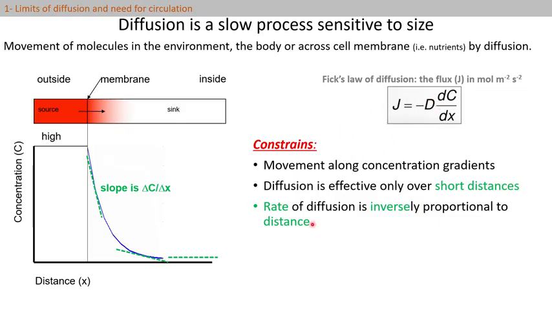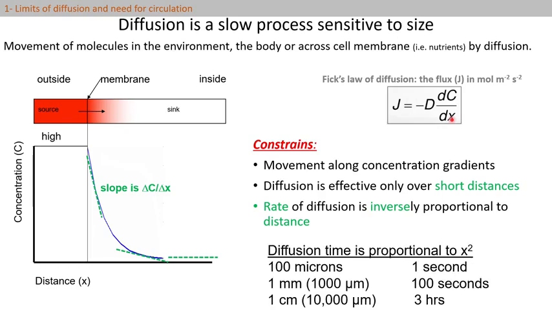Why? Because the rate of diffusion is inversely proportional to distance. That's this divided by dx that you see here. So let's put a few numbers on this. Let's take a quantitative approach. Here I'm looking at the diffusion time. Diffusion time is proportional to x squared. That comes from there.